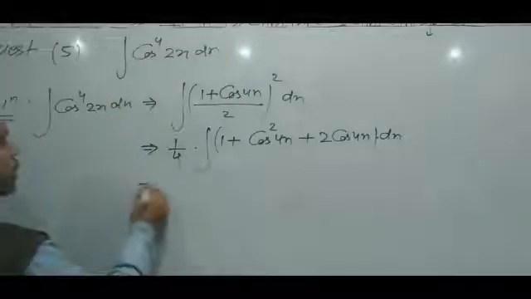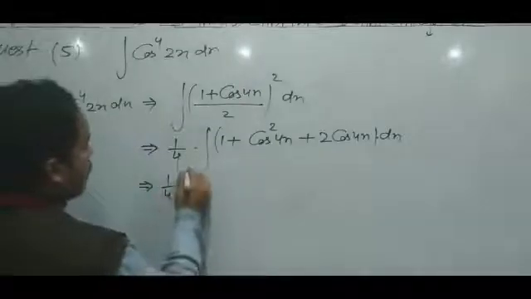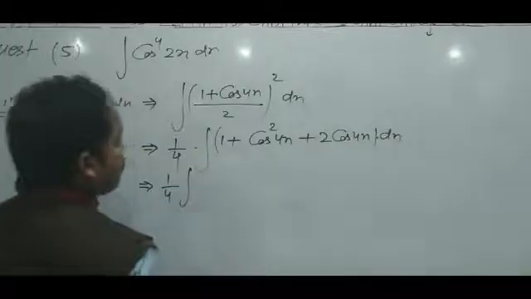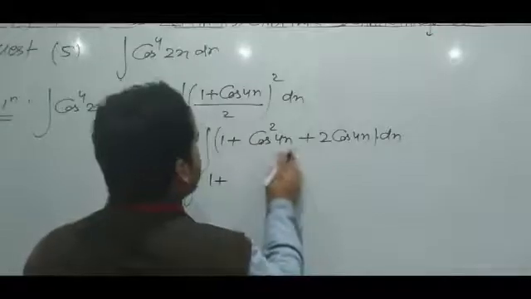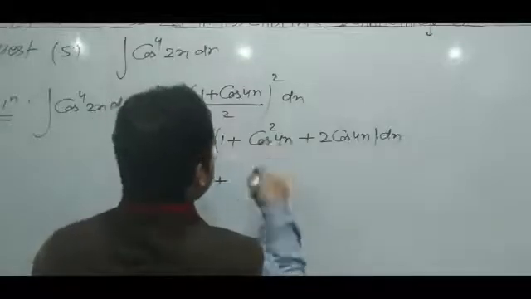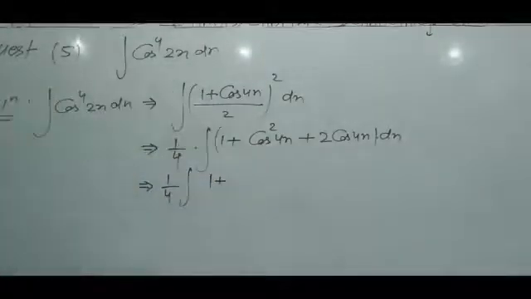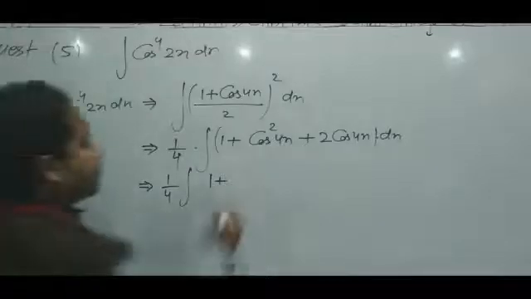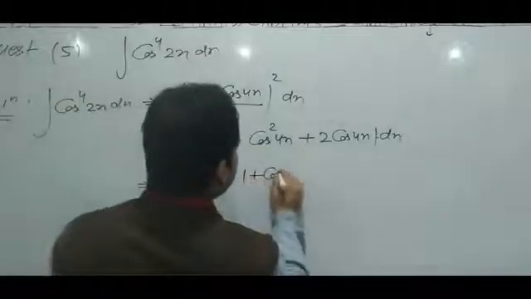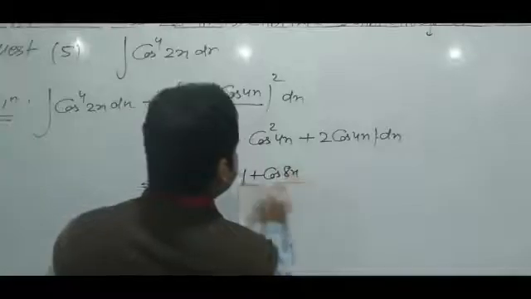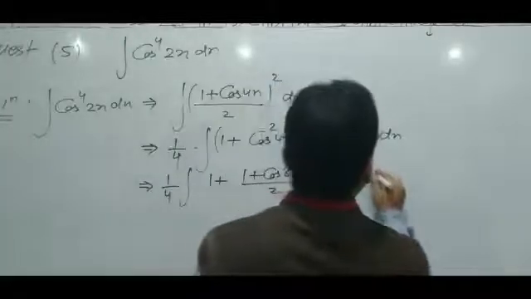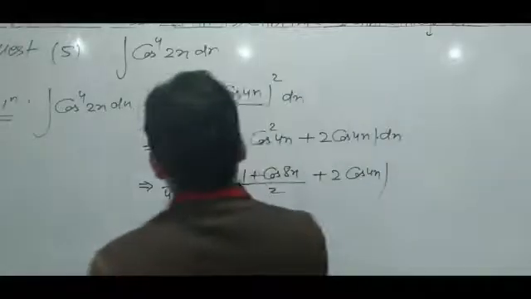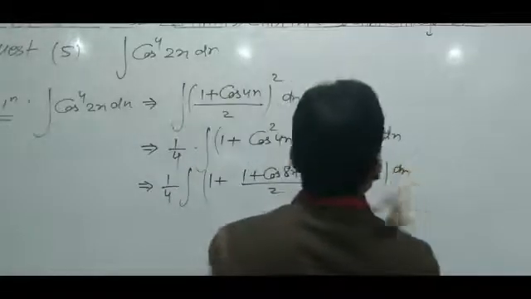This result we can also write as integration over 1 plus cos square 4x, which is 1 plus cos 8x by 2, plus 2 times cos 4x, bracket closed with the dx.